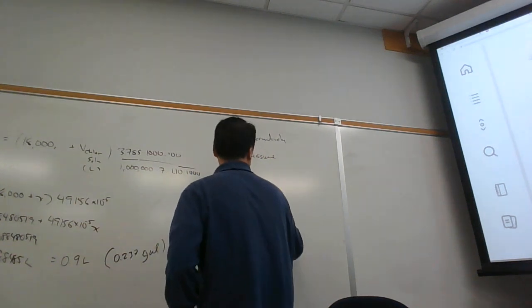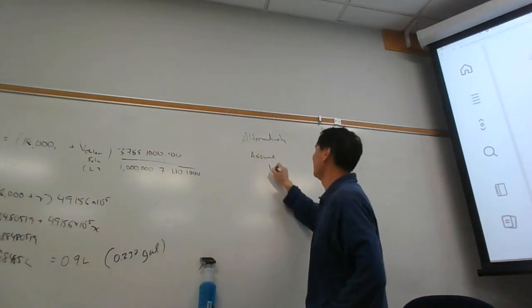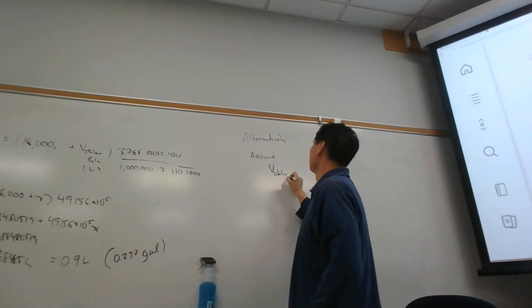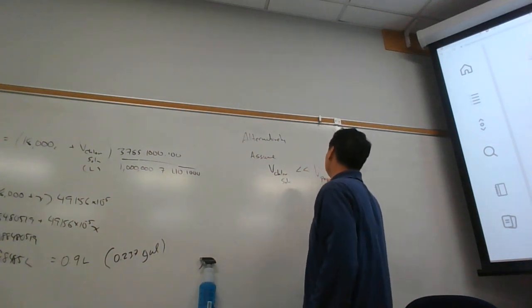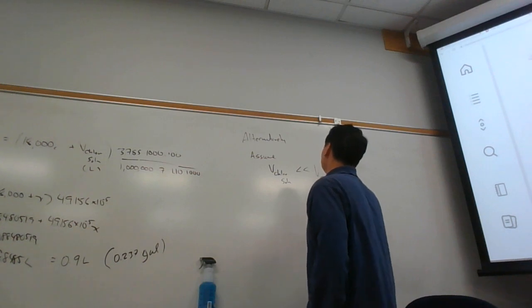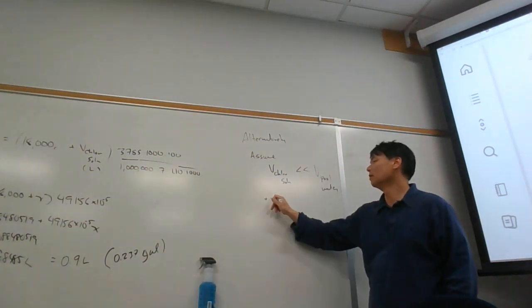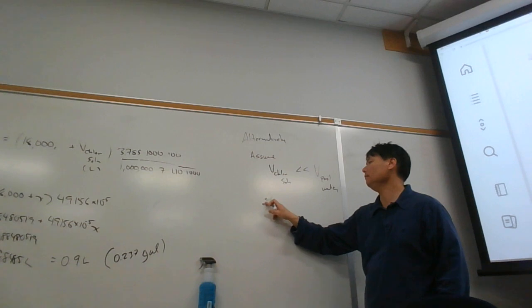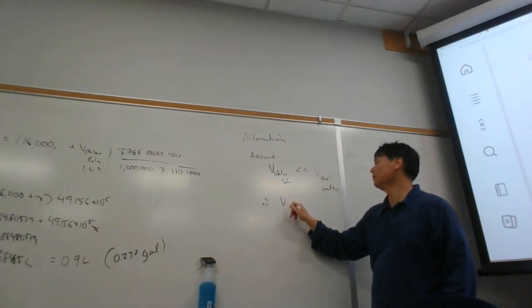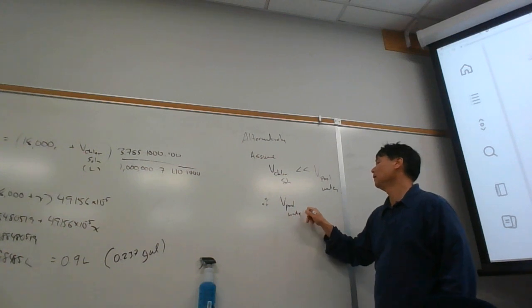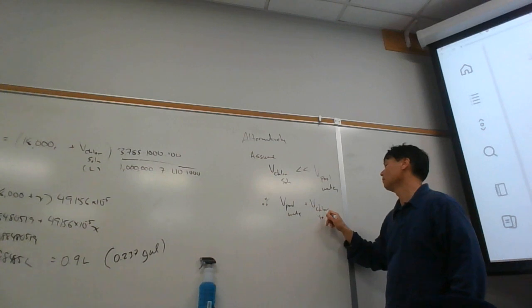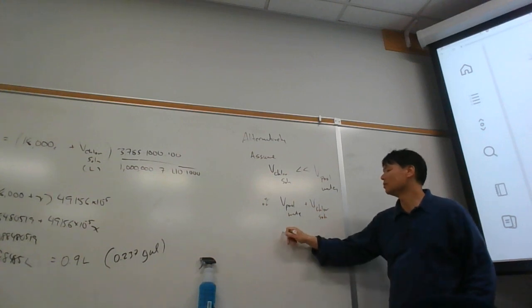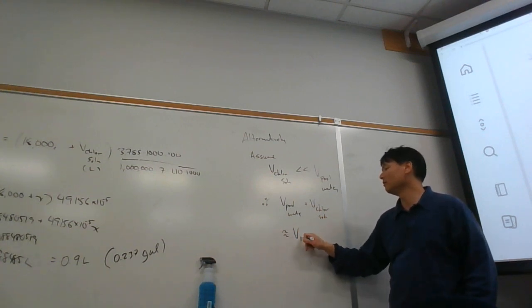So we assume that the volume of the chlorinating solution is much, much smaller than the volume of the pool water. Therefore, the volume of the pool water plus the volume of the chlorinating solution, these are our 2 unknowns, is going to be about equal to the volume of the pool water.